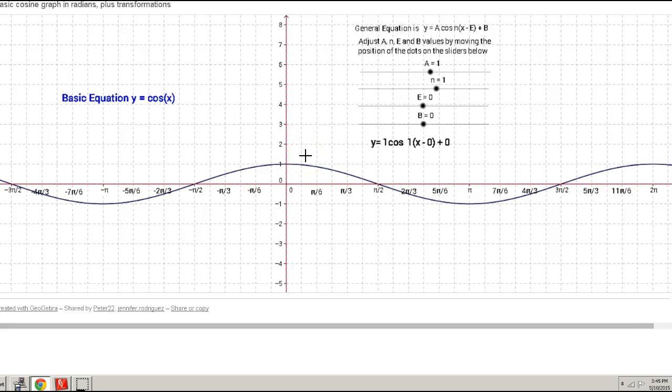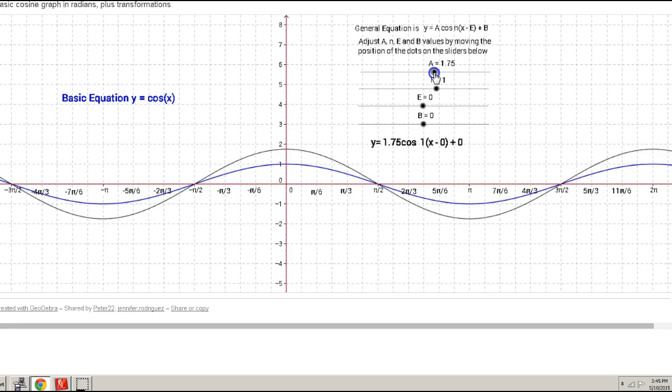This is another worksheet that covers different transformations that you can do with cosine. Now, today we're just going to be dealing with a and n. On this worksheet, it calls it a and n. You guys learned it as a and b, so go ahead and ignore these other two things here. In our case, the amplitude was 1.5.